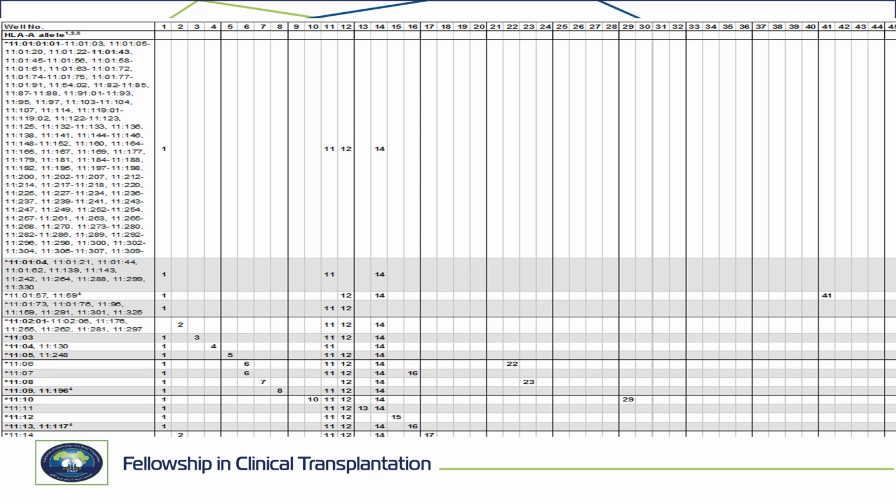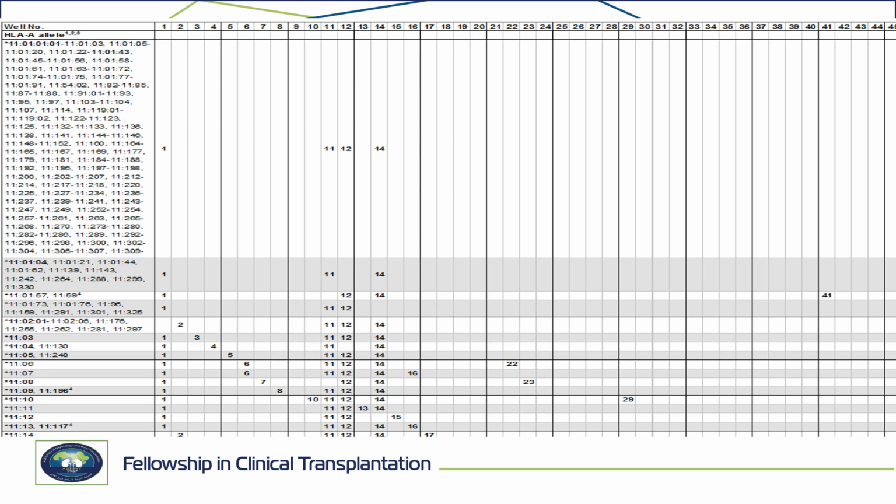Because you can see on the first column, it tells you the HLA allele, and then there is 11:01:01, and then in the second row you can see it's 11:01:04, and then in the third it's 11:01:57, and then 11:01, 11:02, 11:03, 11:04, 11:05. So this is specific for the A11 tray.